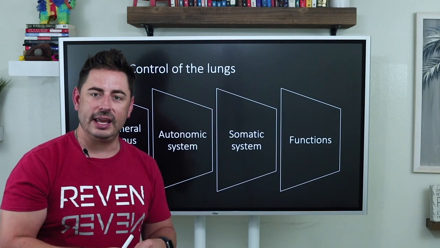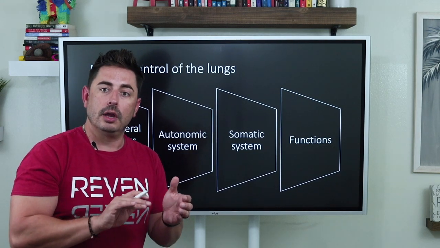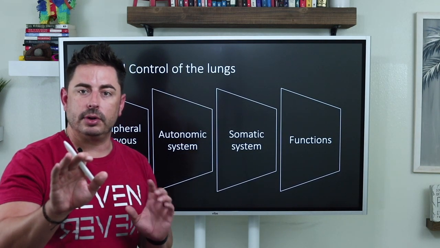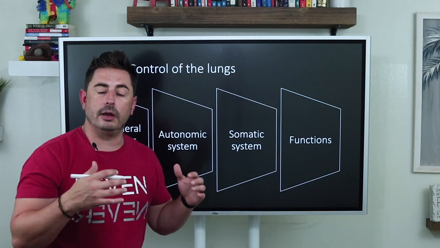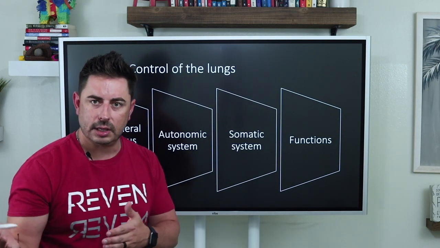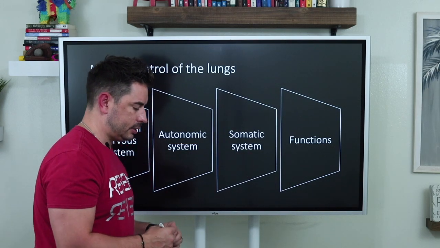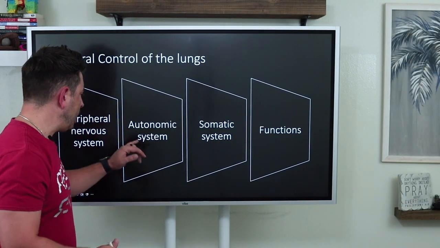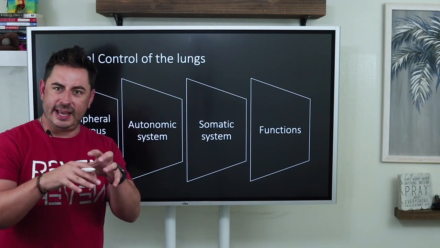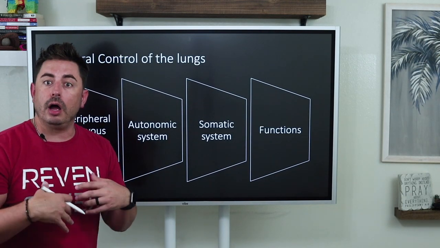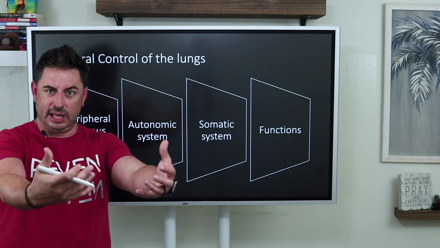The more oxygen they need and the more cells that are being used, the more carbon dioxide that's being produced, the more carbon dioxide that needs to be eliminated. And the lungs are the primary source to eliminate that carbon dioxide. So we utilize the autonomic and the somatic system to maintain homeostasis and to help regulate the amount of carbon dioxide elimination.